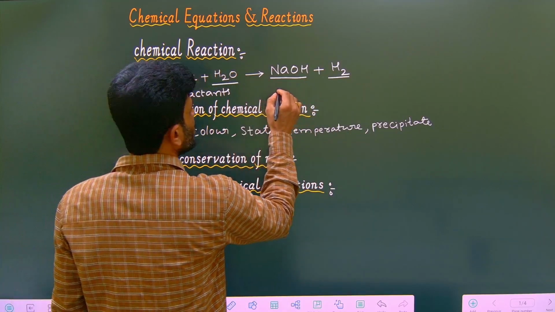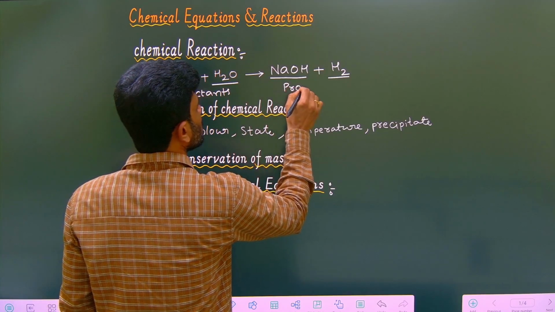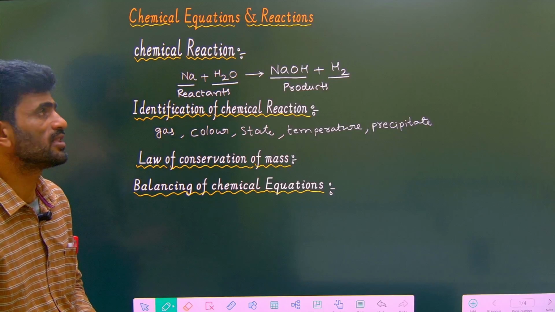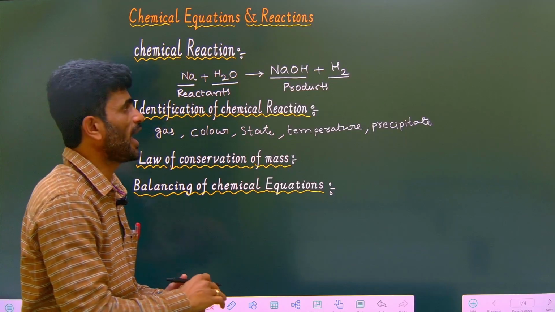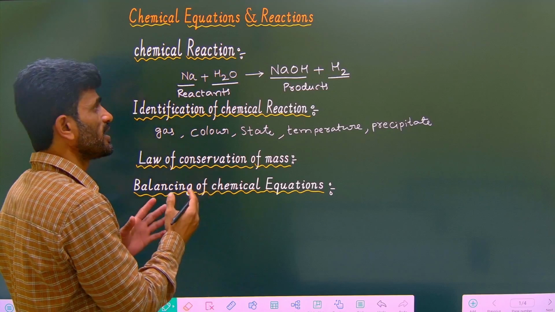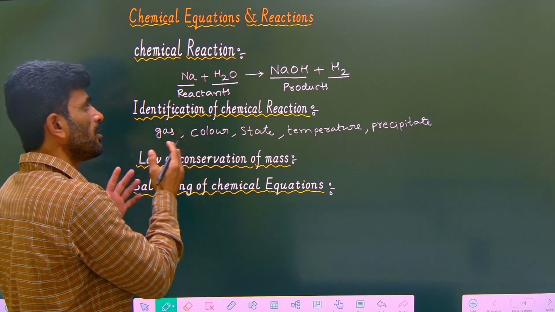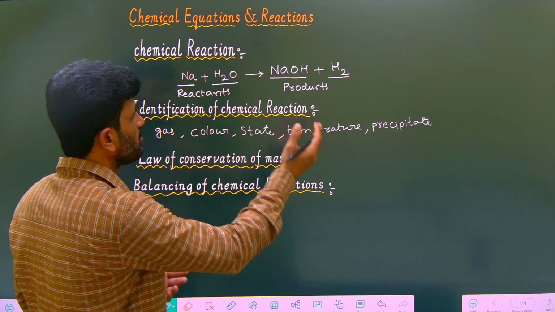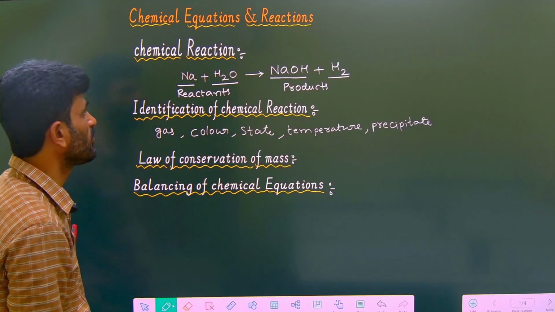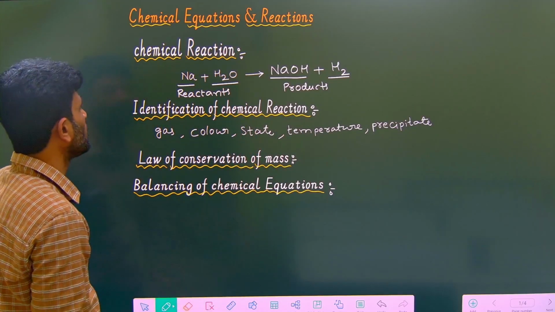These two we call products. Reactants are written on the left side of the arrow mark and products on the right side. This symbolic representation of a chemical reaction is called a chemical equation.